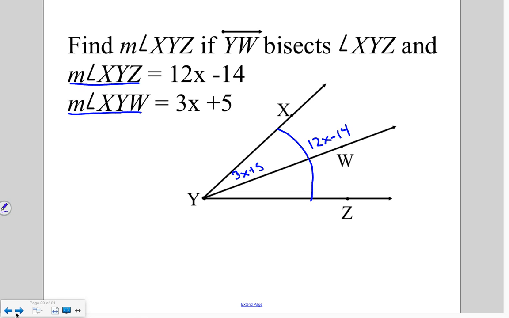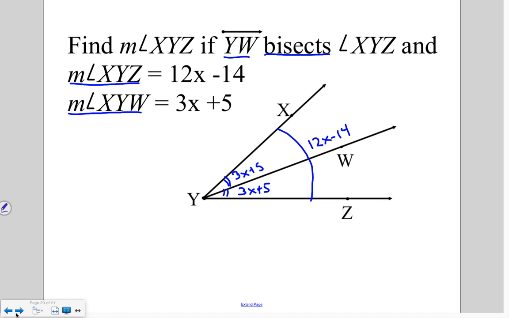So you're probably looking at it and wondering, well, how can I set up an equation? The key to this is that it bisects, okay? The ray bisects. So I know that this angle and this angle are equivalent. So even though I'm not given what angle WYZ is, I know that it's going to be equivalent, so it's also 3x plus 5.